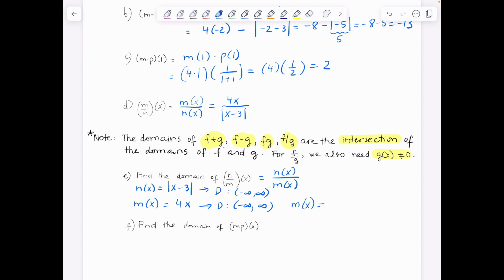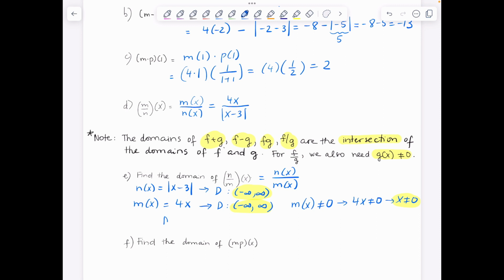So m of x cannot be 0, which means that 4x cannot be 0, and therefore x cannot be 0. So at the end, when you combine all these three domains, one is all real numbers, second one is all real numbers, and the third one is x cannot be 0. Then we get x cannot be 0 as the intersection.